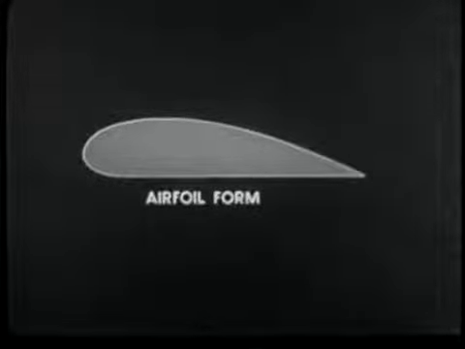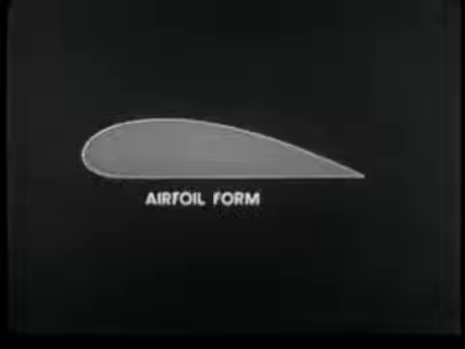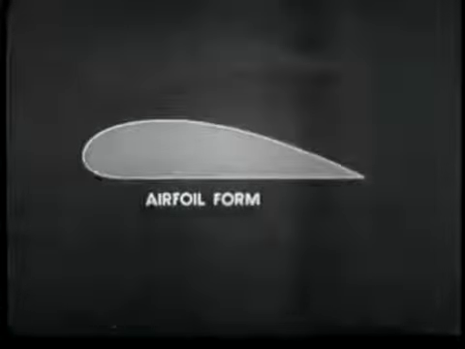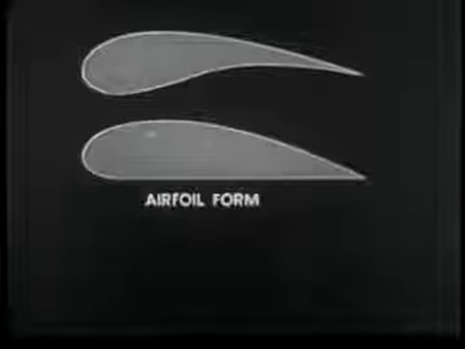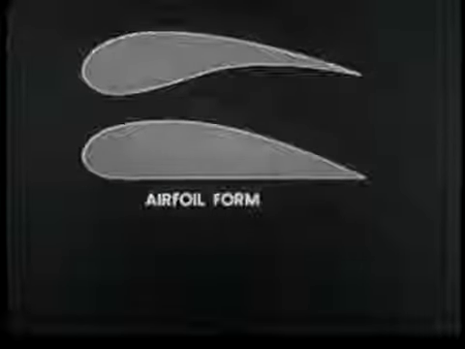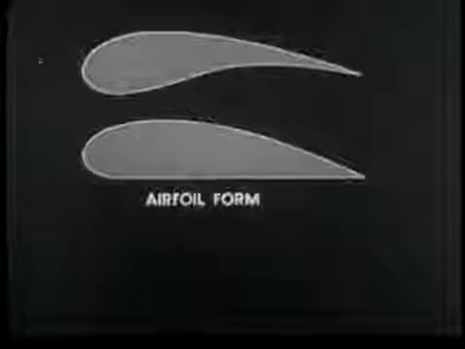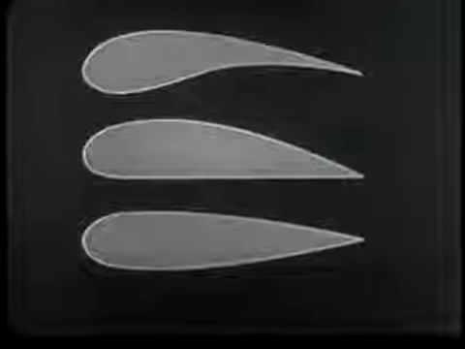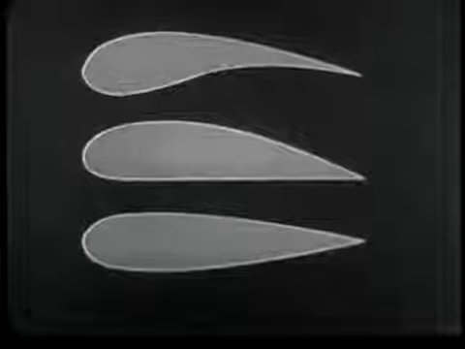Airfoils which have been studied and used vary widely in form. This is probably the most common type of airfoil section. Others are convex on their upper surface and concave on the lower, while still others are convex on both surfaces.